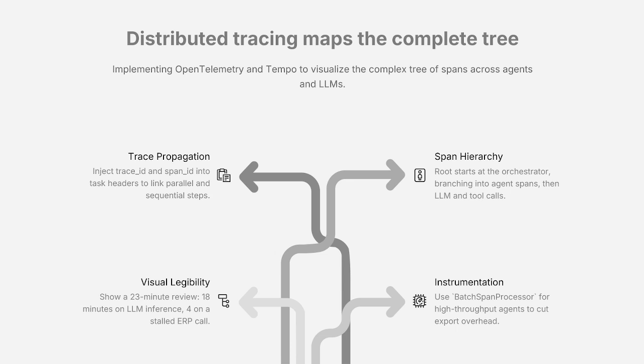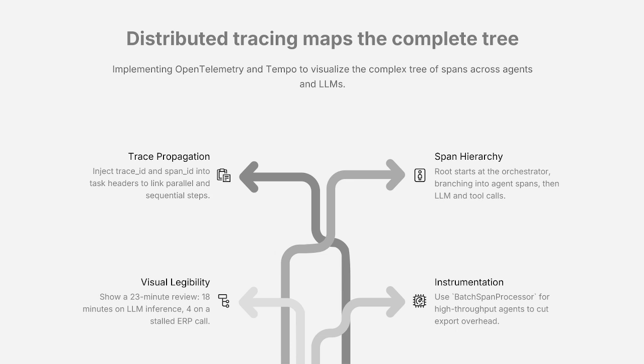And then we have these four trees of implementation. We have trace propagation, where you design a function like inject trace ID or span. You assign trace ID and span ID to a particular agent to be able to trace their tool calls, their implementation, their operation, and their calling of the APIs.